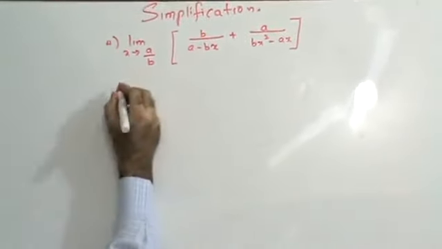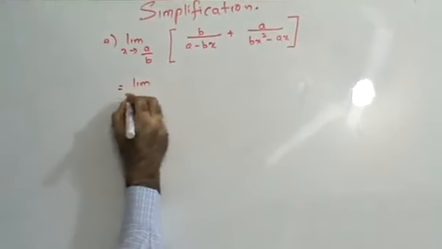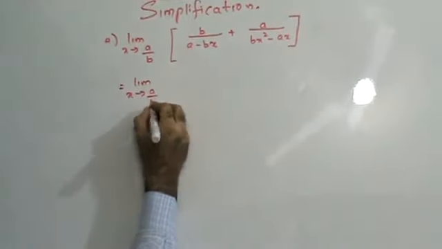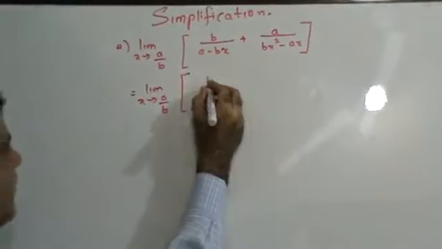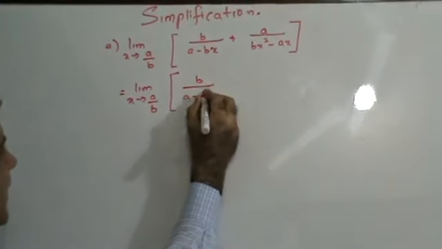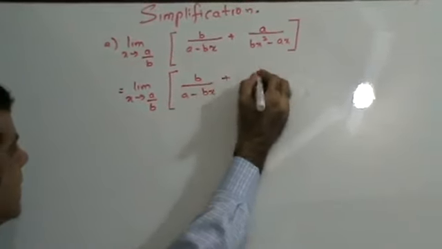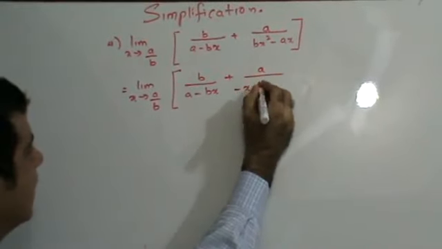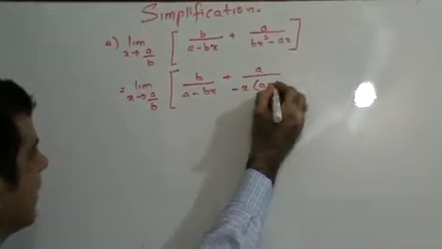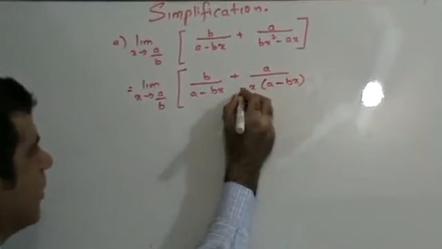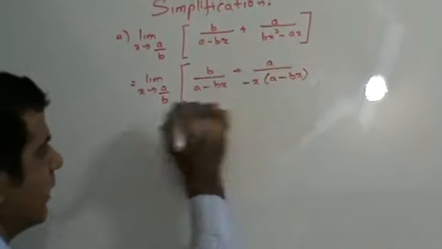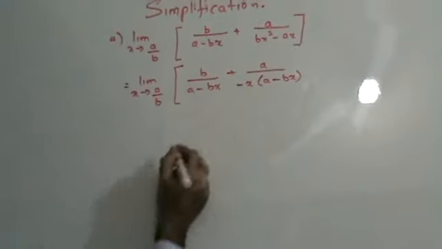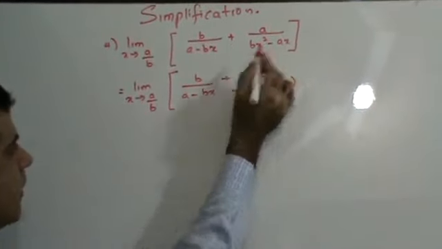This can be written as limit of x tends to a upon b, b upon (a minus bx) plus a upon, I could take minus x common, in which case this will become (a minus bx). Why? Because minus into minus will give you plus, and minus into plus will give you minus.